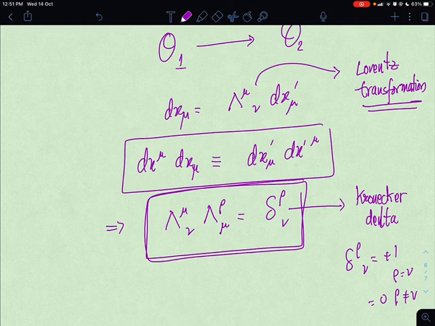So if lambda mu nu is a Lorentz transformation, then lambda rho mu would be the inverse Lorentz transformation.